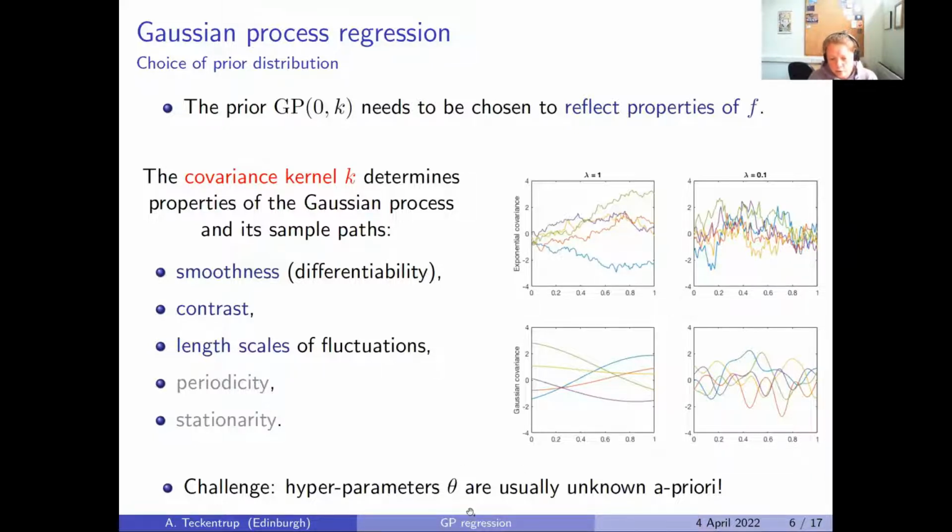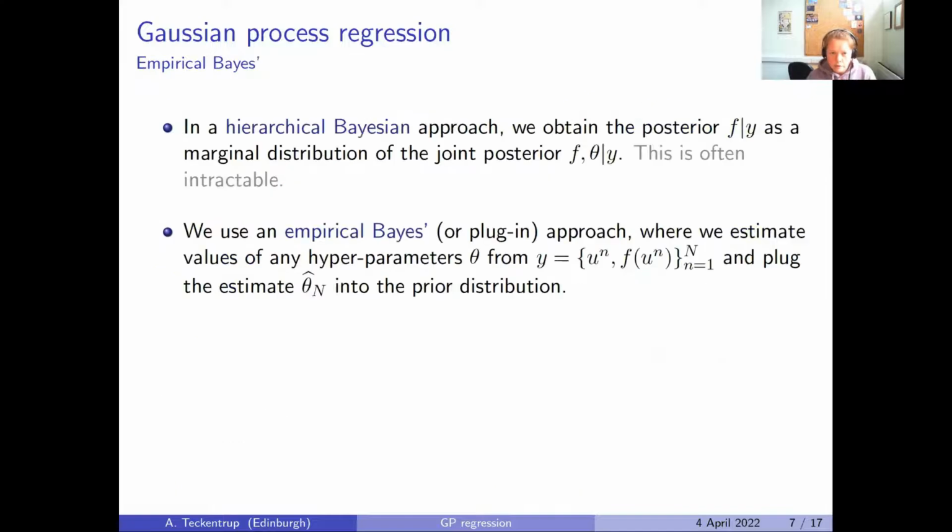So how are we going to do this? How are we going to deal with the fact that we don't know what the correct choice of these hyperparameters is? You could do a fully Bayesian approach. This is a hierarchical Bayesian approach where you obtain the posterior that you're after, the posterior on your unknown function f given y, by first finding the joint posterior on your unknown function f and the unknown hyperparameters theta conditioned on the data, and then you just marginalize out theta.